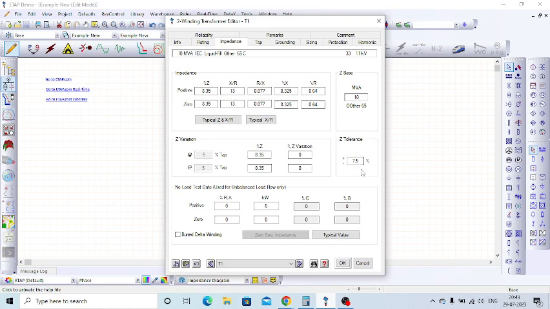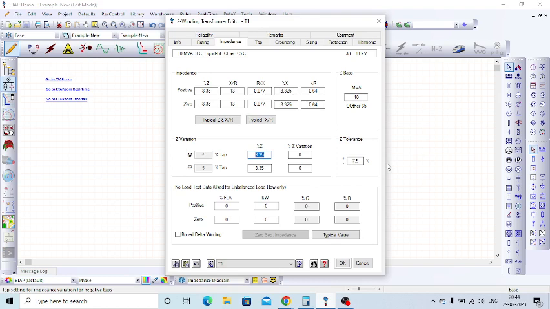Whenever the transformer is operating on a tap, that is the OLTC is operated, it will consider this impedance along with the impedance we have considered for the tap variation to calculate the load flow scenario, so that we can get the worst case.